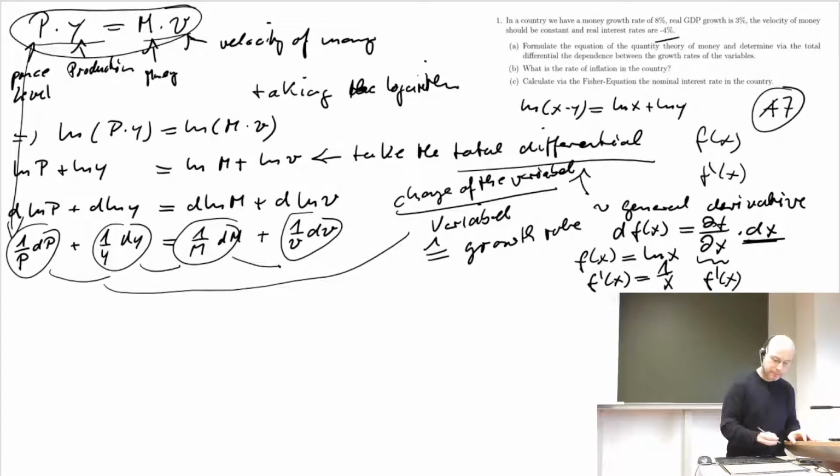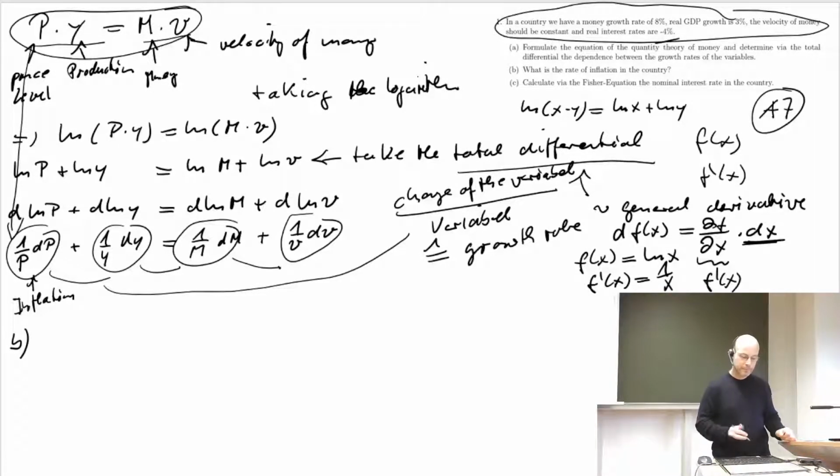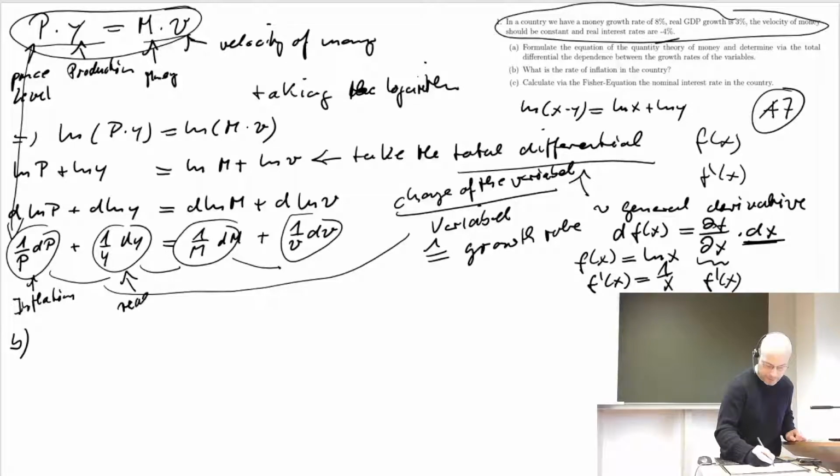Well, and then, since this is more or less inflation, the relative change of the price level, we can hopefully answer part B if we take our numbers. Because of this production approach, we can identify this with the real GDP growth.